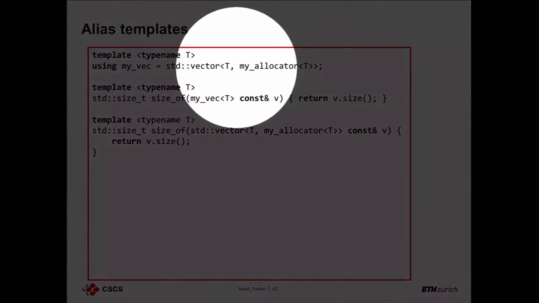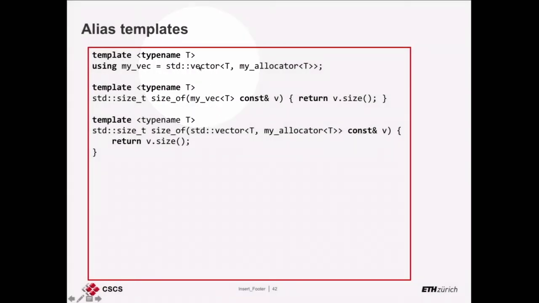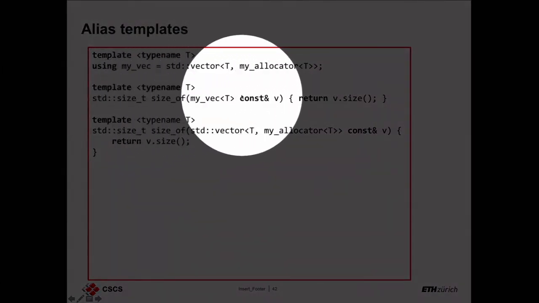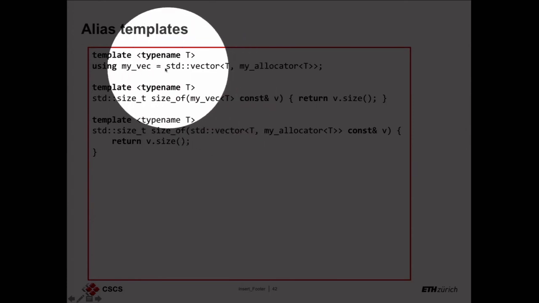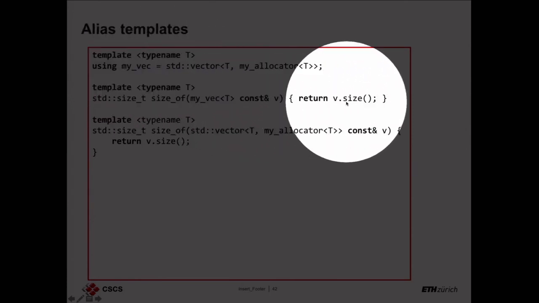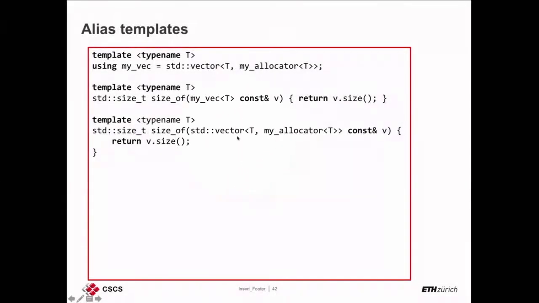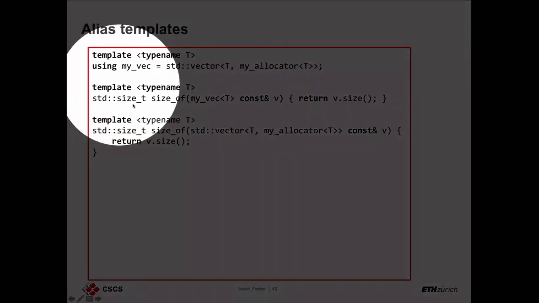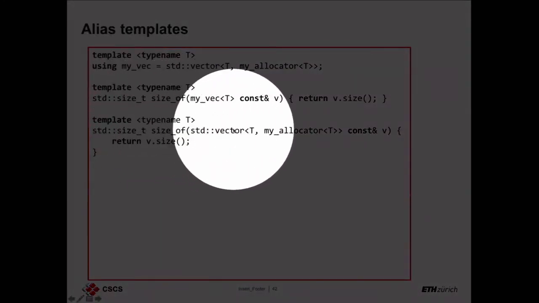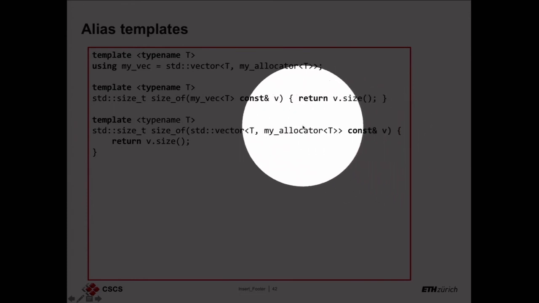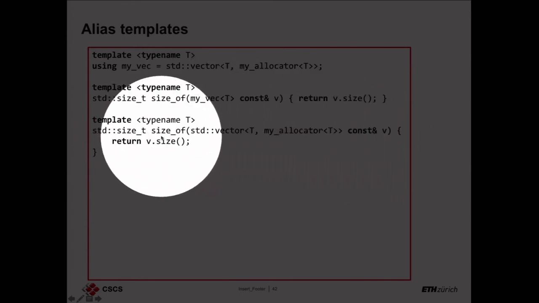Now I want a sizeof function that takes a const ref to myvec and returns the size. And if the user is not using myvec but is using vector directly, I want a specialization for std::vector<T, myallocator_t>, and then I want to return size.